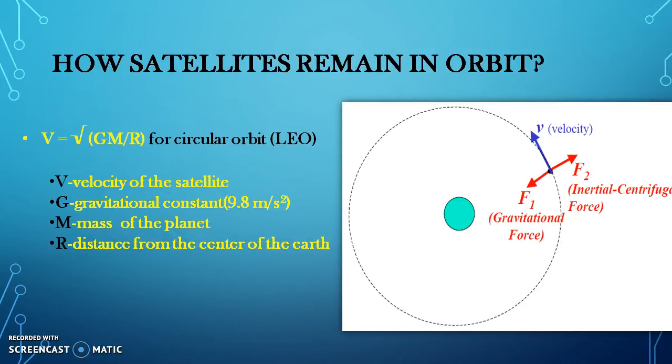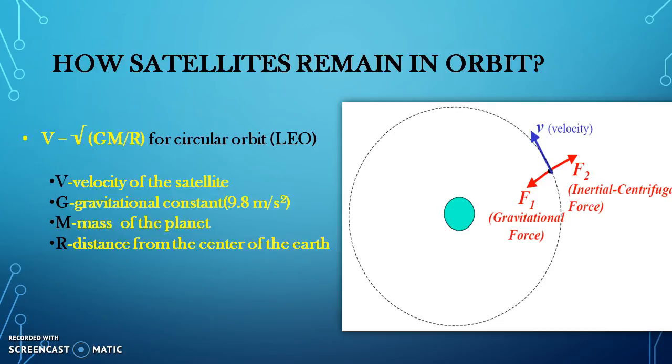Then finally, how are satellites placed in an orbit, and how do they remain in orbit? For that we need to know three basic parameters: gravitational force, velocity and mass. So this is the formula we have: V equals the square root of GM divided by r. What is G? G is the gravitational constant.